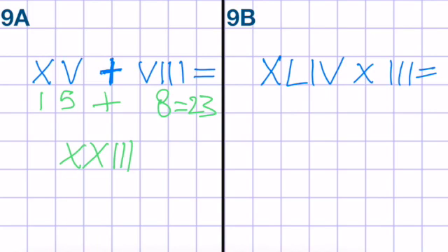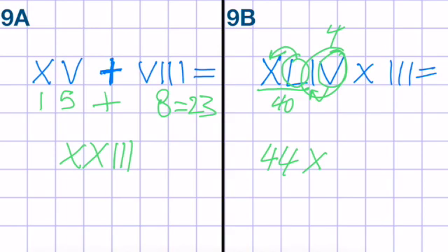Next, I've got XLIV. Now, XL is 40 because L is 50 and we're taking away the number before, which is 10. So that's 40. IV is 4 because V is 5 and we're taking away the one before. So it's 44 times 3.